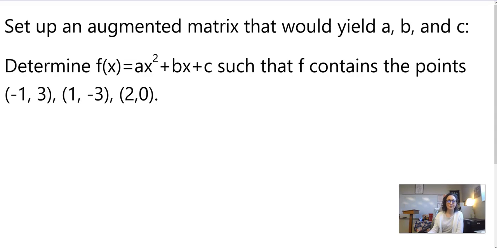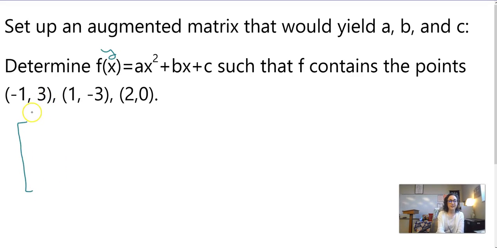All right, last example, we're going to set up an augmented matrix that would yield A, B, and C, and then we are going to determine f of x such that f contains these 3 points, okay? So remember, f of x is just a fancy term for y, right? So in other words, when I plug -1 in for x, I should get 3 out for y. So let's make an augmented matrix to represent this first.